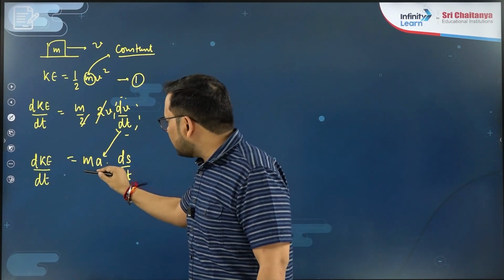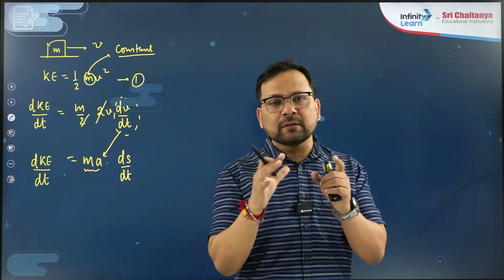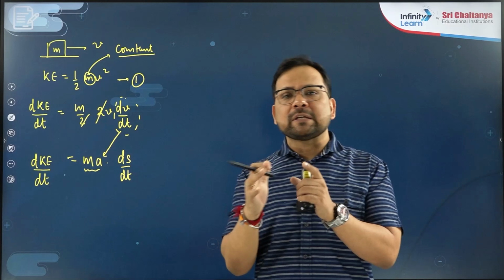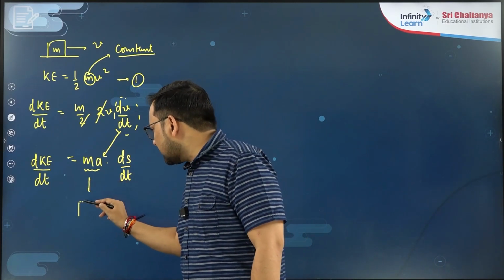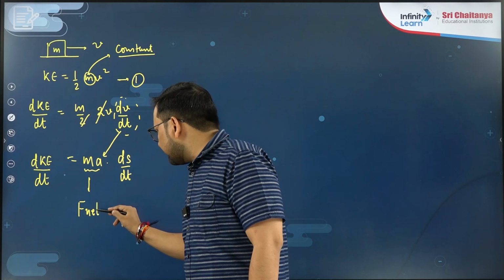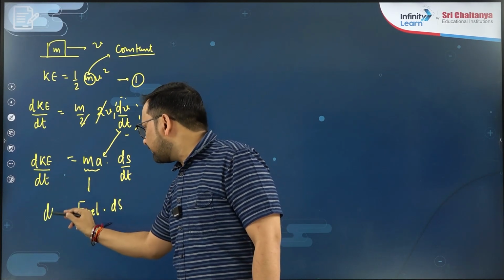We all know that ma is net force. It is not some individual force only, it is the resultant of all the forces acting on a body. So ma is the net force, so we can replace that expression with F net ds, and here is dK.